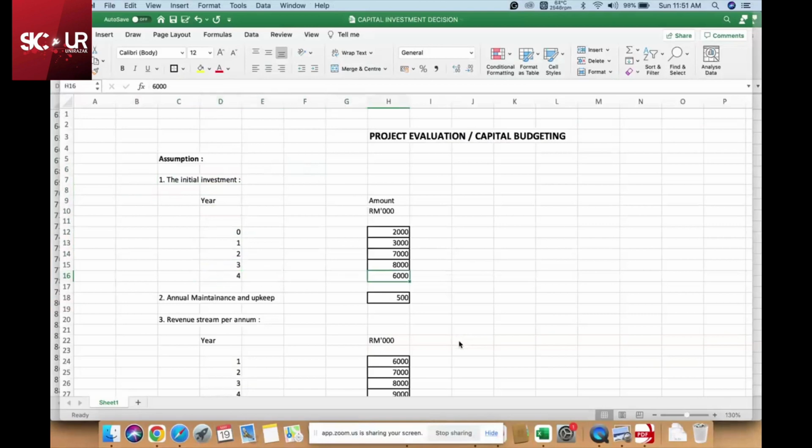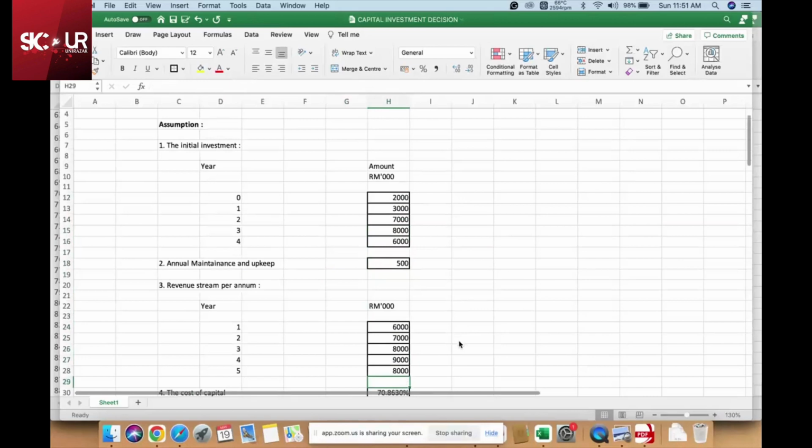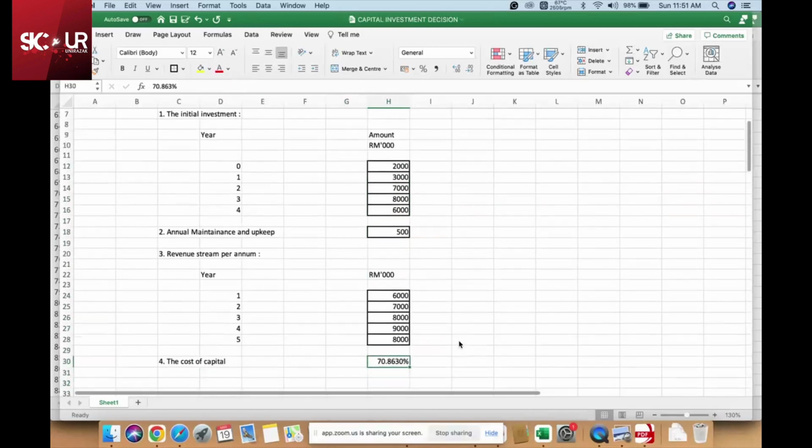In this case, the investment will come in 5 years, from year 0 to year 4, and that is in million. Then we have the annual maintenance and upkeep costs of 500,000 per annum. Then here is the revenue stream per annum for 5 years. This project is a 5 year project.